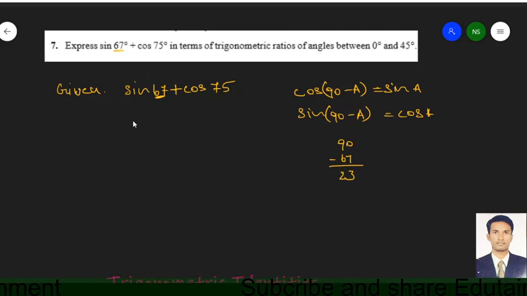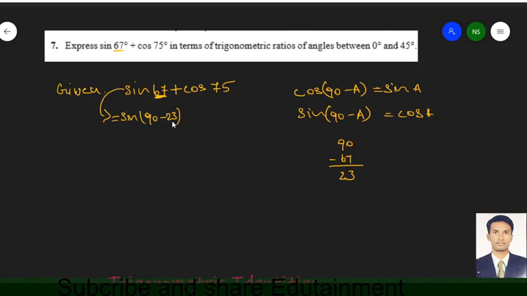So I will rewrite this one as sin(90 minus 23). Instead of 67 I am writing 90 minus 23. This 75 also, cos(90 minus 15). Why?